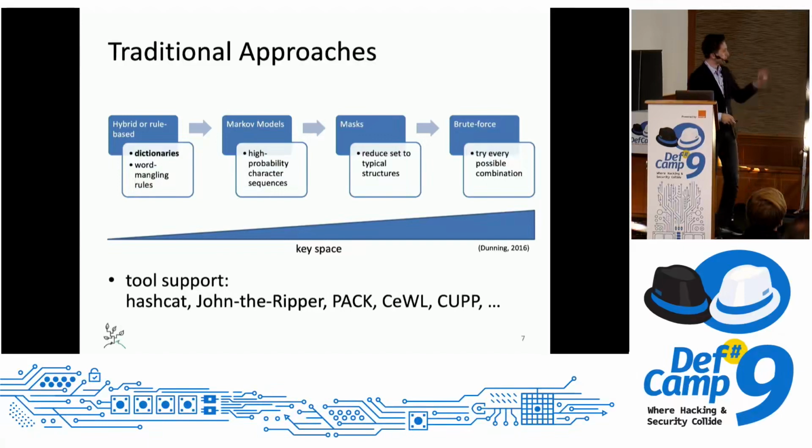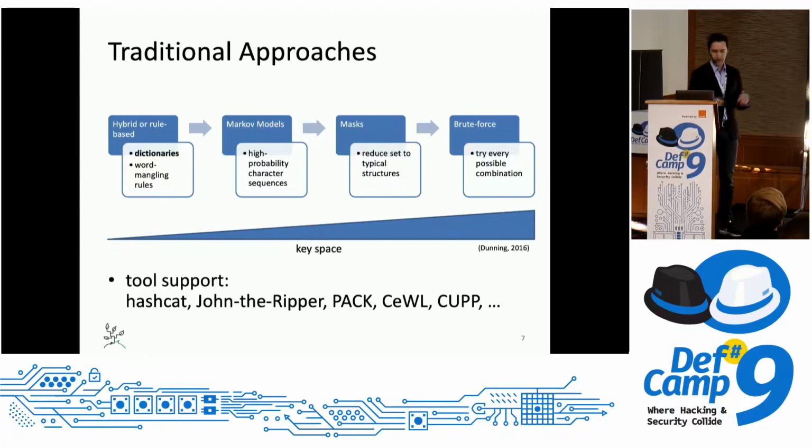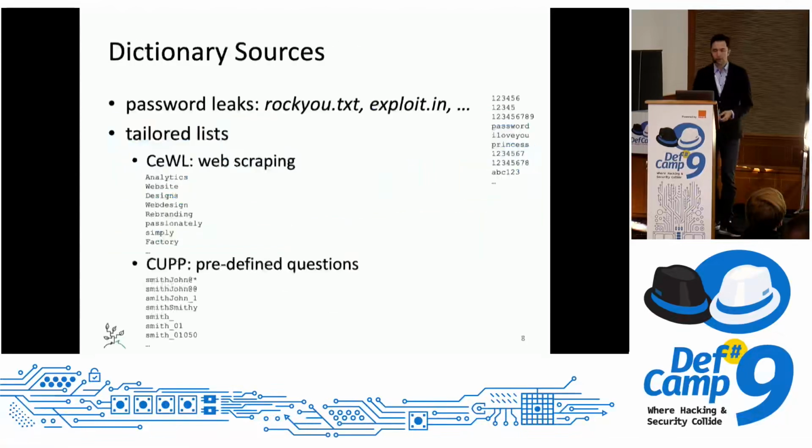What's interesting though, PACK, for instance, is a password analysis tool where you basically feed it with a password list and it generates rules and masks and so on. So there is some kind of statistical analysis already in high quality possible. If you need dictionaries, then there are several approaches.